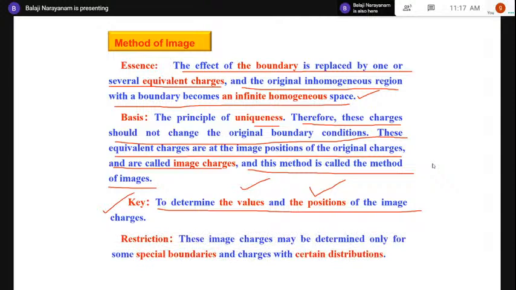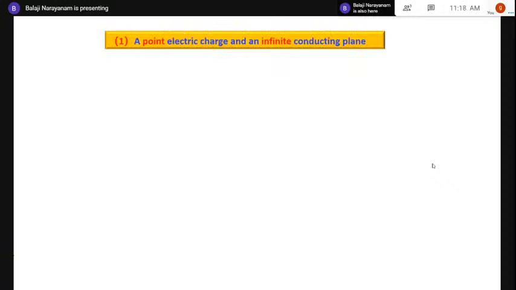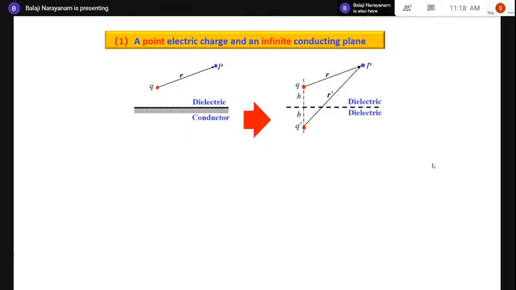Okay, the restriction is that these image charges may be determined only for some special boundaries and charges with certain distributions. So a point electric charge and an infinite conducting plane are taken.